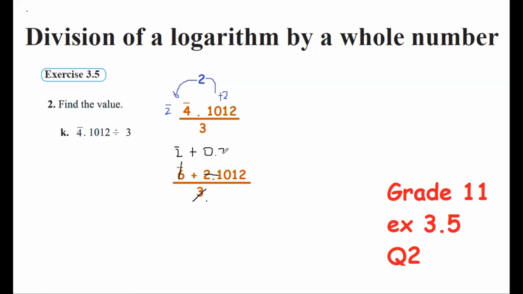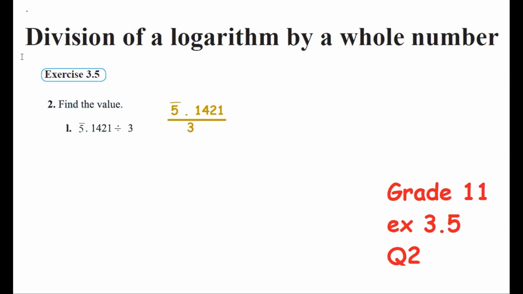There are 7. And 0 has 0. And 1 has again no 3, so you have to put the 0. Now we have to take the two numbers. 12. 12 has how many 3s? 4. Bar 2.7004.